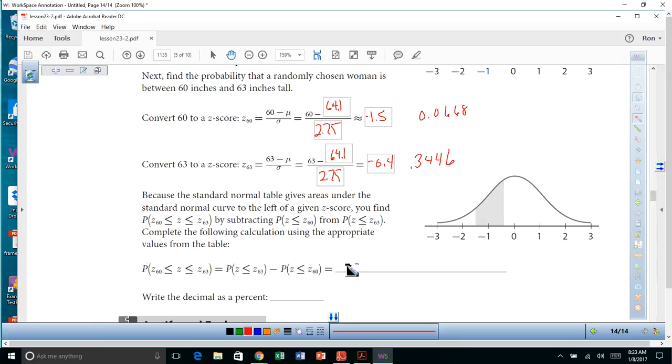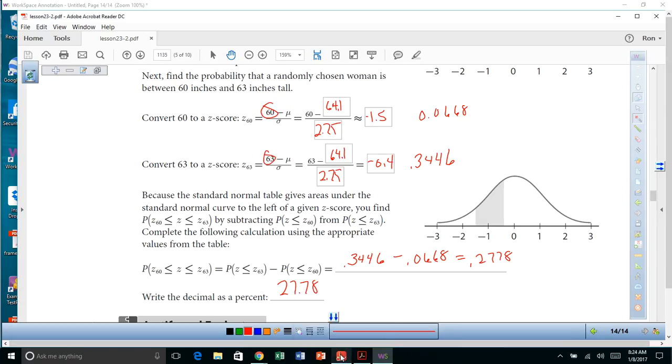So we're going to do 0.3446 minus 0.0668, and that's going to equal 0.2778. So it's going to be 27.78%. So we're looking for 60 to 63.